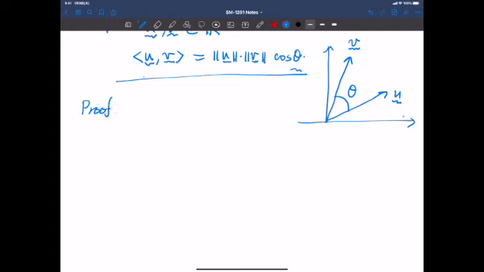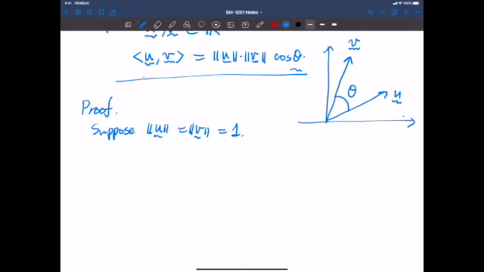First, we consider the case where u and v are both unit vectors. So suppose u and v are unit vectors.